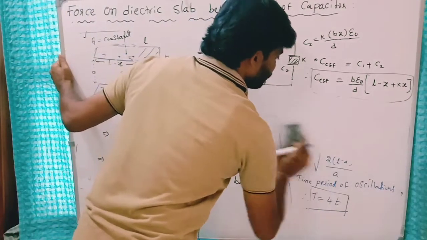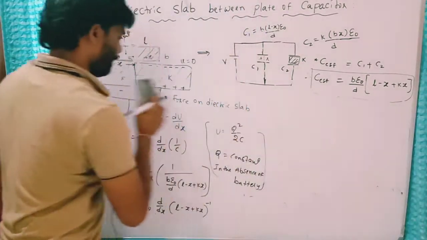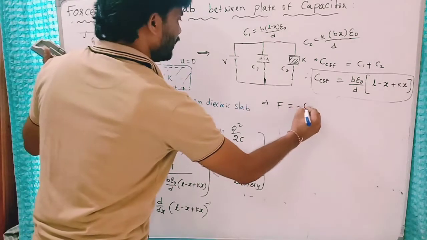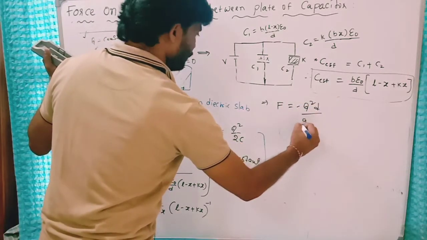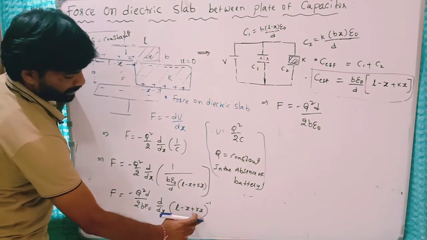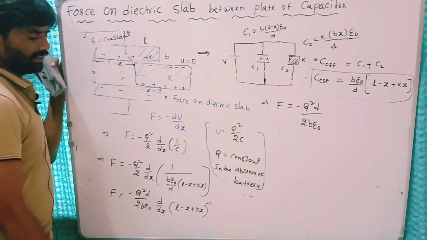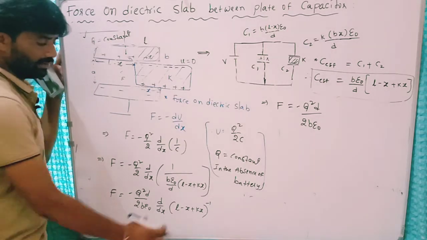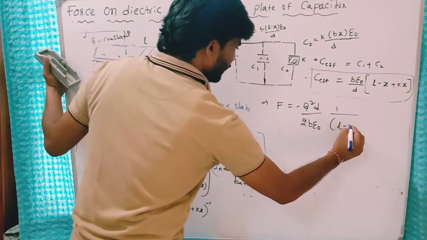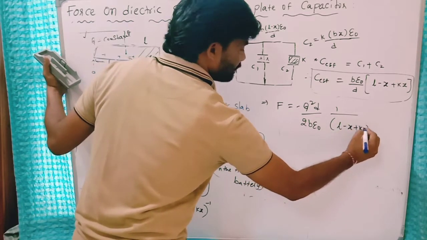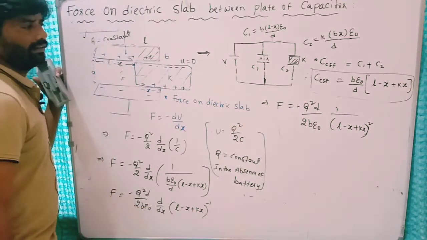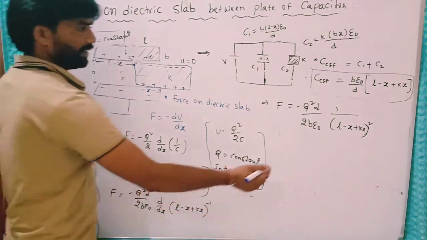So you can see carefully what is the differentiation of this term. The force equals minus Q square d by 2b epsilon naught. If it is some x power minus 1, differentiation gives 1 by x square. It gives 1 by L minus x plus Kx whole square. That is the differentiation of this. Then the internal differentiation.